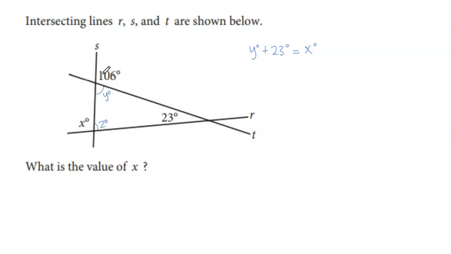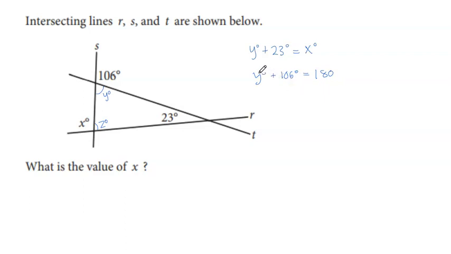So first of all, we are given 106 degrees here, and we notice that y degrees and 106 are on a straight line, so they supplement each other, meaning that y degrees plus 106 degrees will be equal to 180 degrees, right?